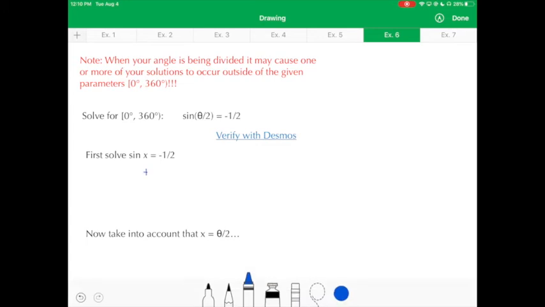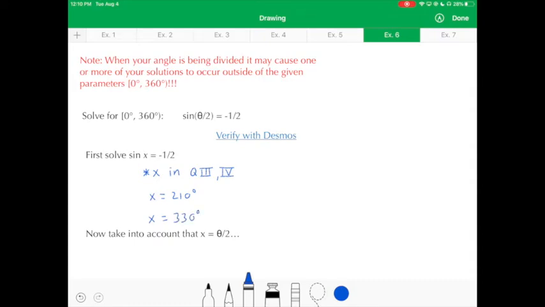Okay, and since sine is equal to a negative number here, that tells me that x is in quadrants 3 or 4. Okay. So if we reason these out, we would be using a 30-degree reference angle in quadrants 3 and 4. So that means x could be 210 or 330 degrees.